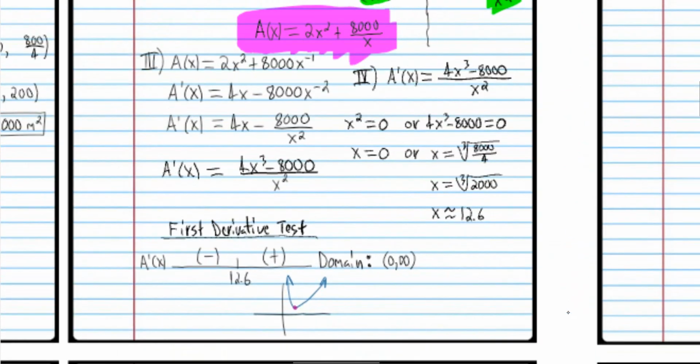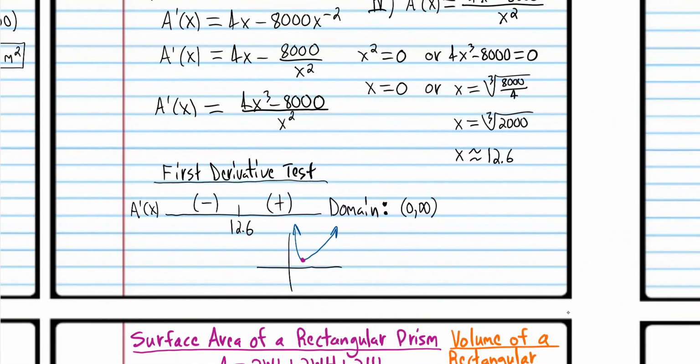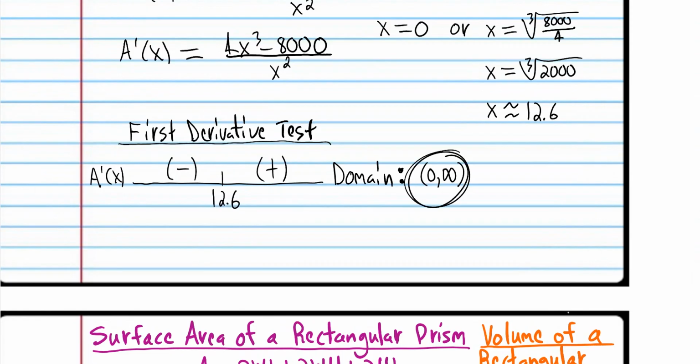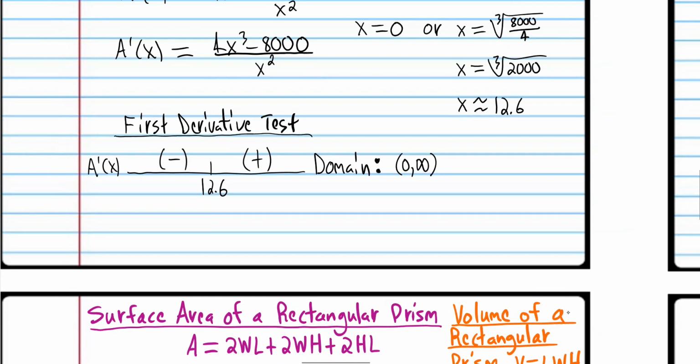So we know that we have a minimum value because of this sign change here. And because we consider the domain and see what's happening, we know that we don't have to check any endpoints to make sure that those points are not minimums.